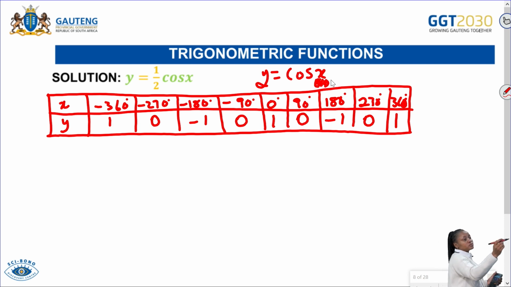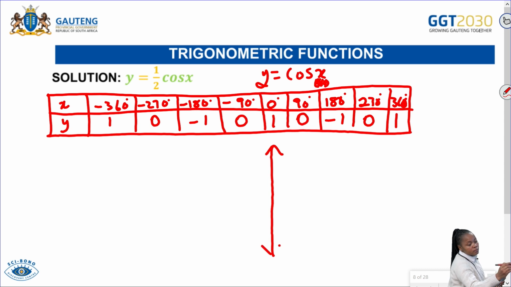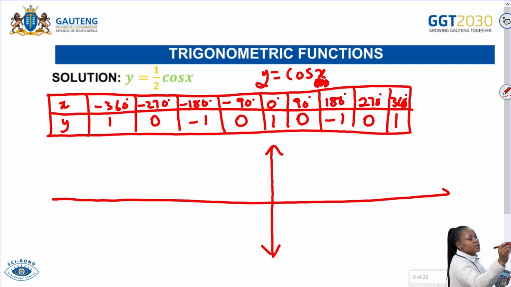Okay. Make sure your spaces in between are the same or equal. -360 degrees, -270, -180.